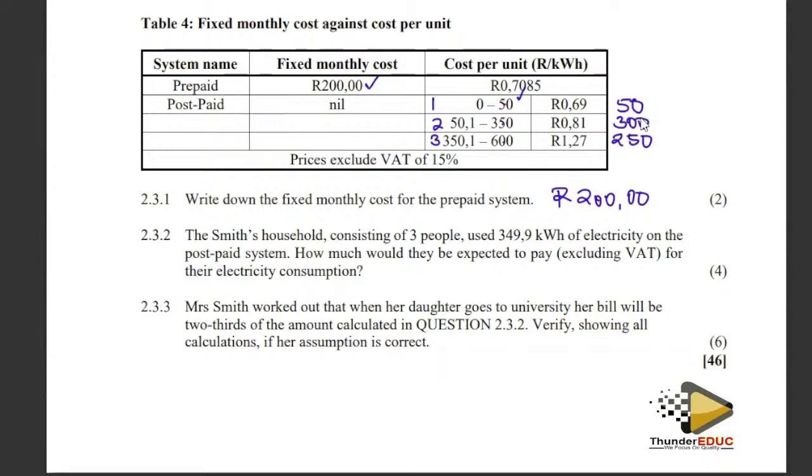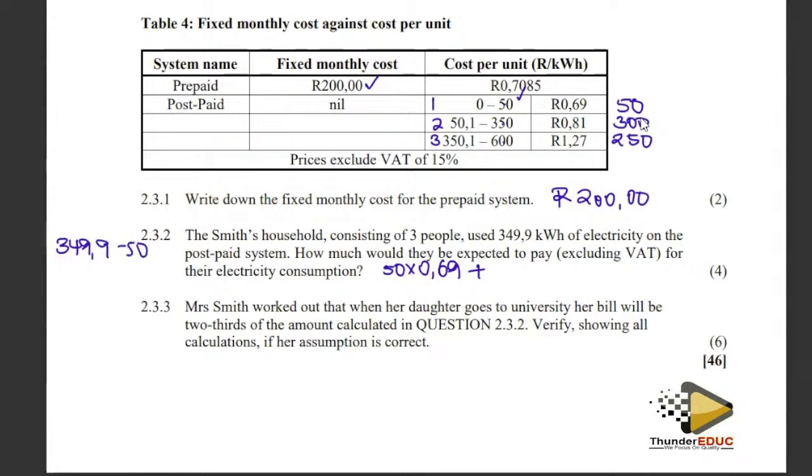349.9 does not exceed bracket number 2. So simply meaning they need to first pay for the 50 that belong to bracket number 1, and we multiply it by 0.69, plus what's remaining if we take off the 50. It's the units that were used minus 50.